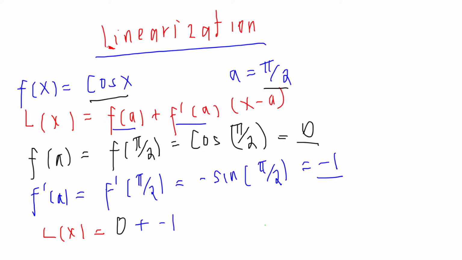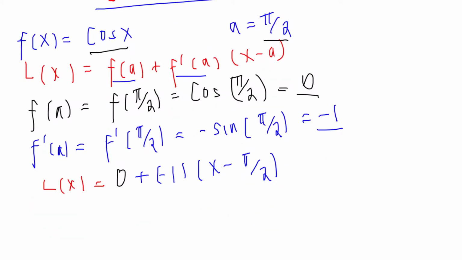Okay, all of that we have to multiply with x minus a, which is pi over 2. Okay, so eventually what we're going to get is minus x plus pi over 2.